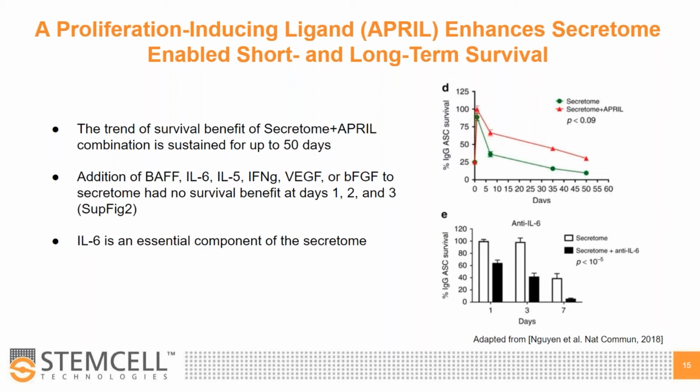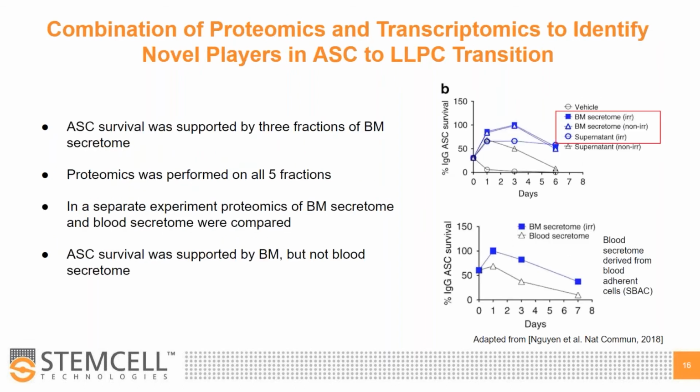However, from previous publications, the authors suspected that IL-6 was important and was already contained in the secretome, and they tested this by adding an anti-IL-6 antibody to the secretome. And when they tested this at days 1, 3, and 7, they noted that the survival of antibody secreting cells was significantly reduced with the addition of the antibody, suggesting that IL-6 is an essential component of the secretome, but does not need to be further supplemented when the secretome is there.